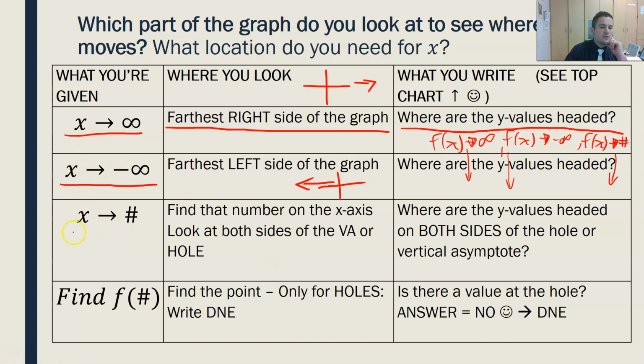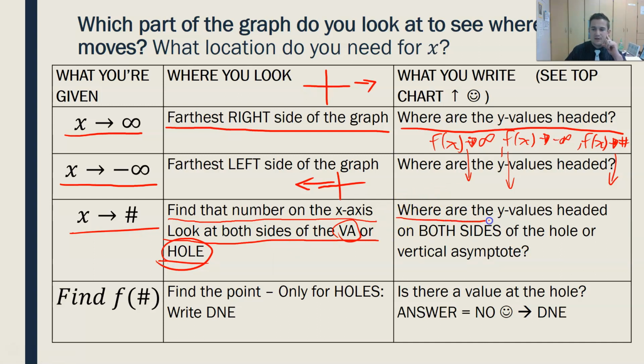So another option of what I might be asked to find is as x approaches a certain number. So if I'm looking not as x gets really big or really small, just as x approaches a specific number, I'm going to find that number on the x-axis, and at that number on the x-axis, if there is a vertical asymptote or a hole, I'm going to look at both sides of that vertical asymptote or both sides of that hole.